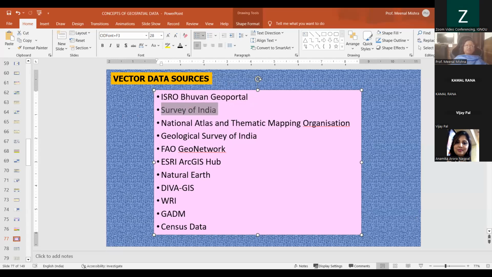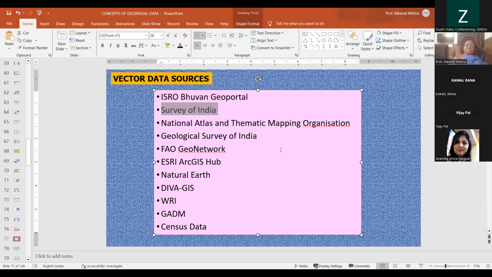Next, Survey of India. You must have heard about Survey of India, is it not? It has its headquarters in Dehradun, and it comes under the Department of Science and Technology, Ministry of Science and Technology. For about 200 years, Survey of India has been engaged in the production and maintenance of various kinds of topographical and geographical maps and many public series.